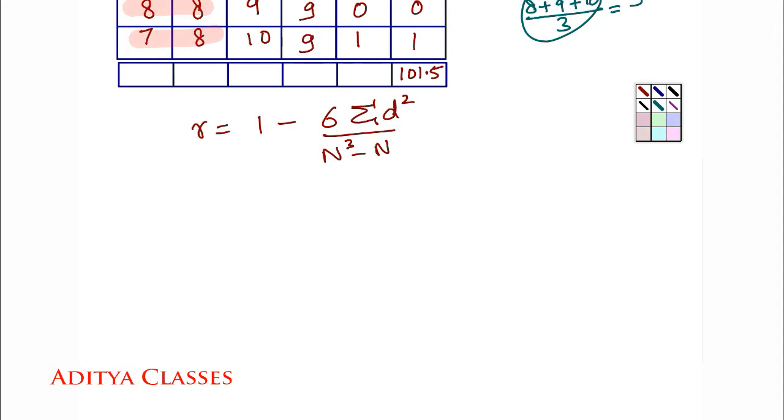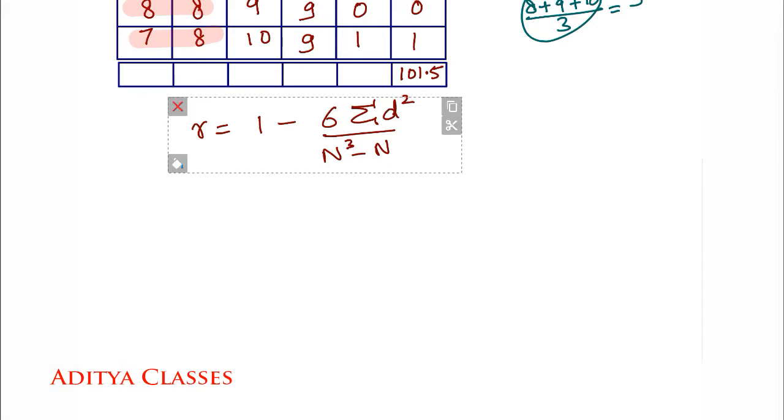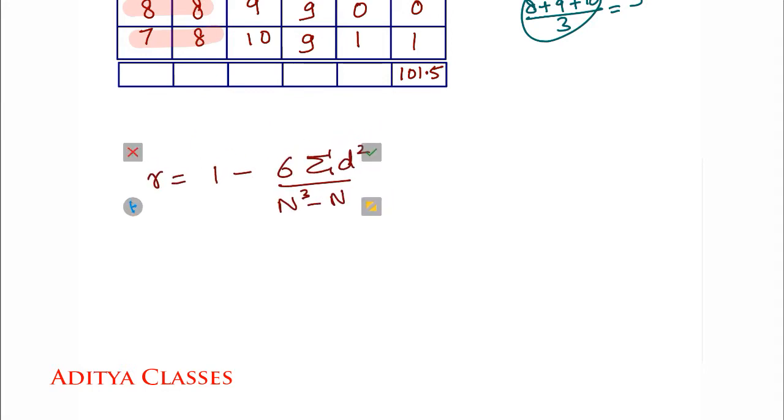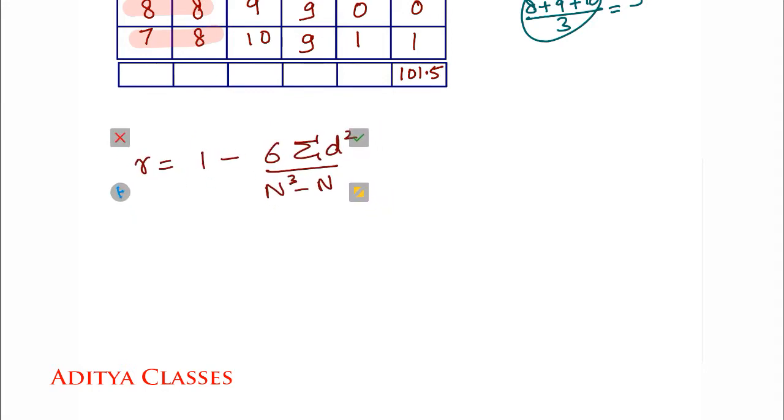But now there is a little bit of an issue over here. If you recall the problem, we had a situation where certain ranks were being tied. So we need to factor in that problem also, that certain ranks were tied at places.